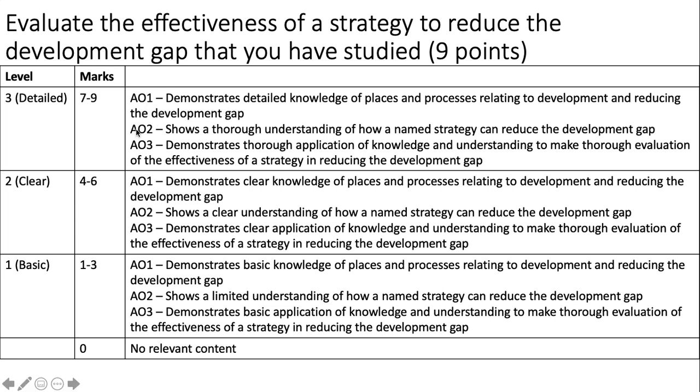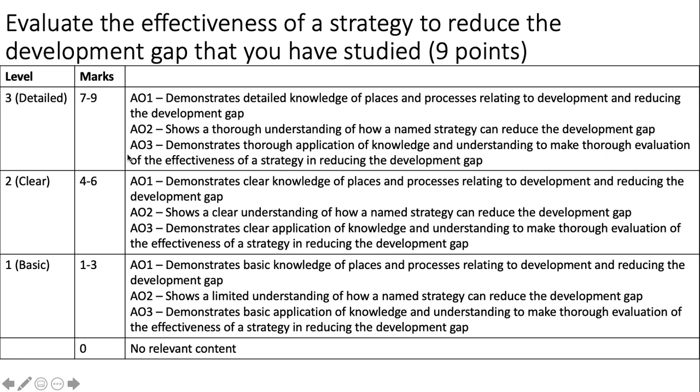Because the second assessment objective tells us how the strategy can reduce the development gap. Because it says a thorough understanding, this is where it comes under: how does it close the development gap? Yes or no? How does it, or why doesn't it? And then this final one, where has it worked? So AO2 is where we're looking for your case studies to really shine through.